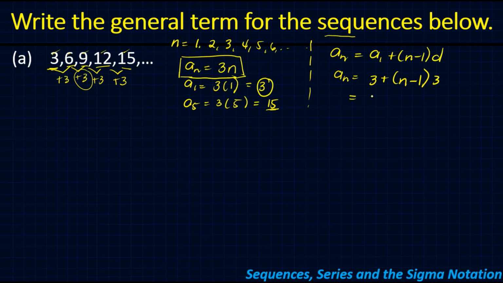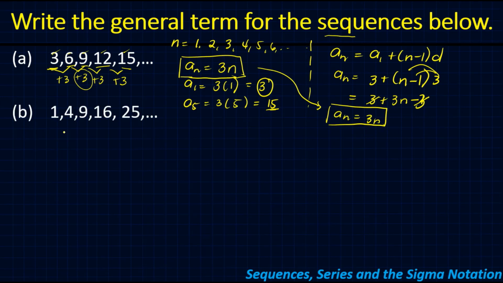Simplifying further, we have 3 plus, distribute, 3n minus 1 times 3 equals 3. So a sub n is equal to 3n, combining like terms: 3 minus 3 becomes 0. So what remains? 3n. So by using the arithmetic sequence, we got the same answer.